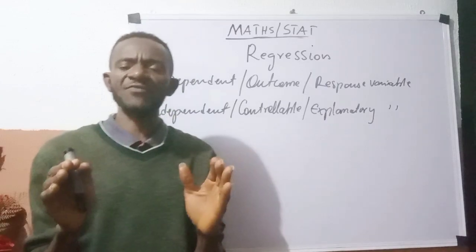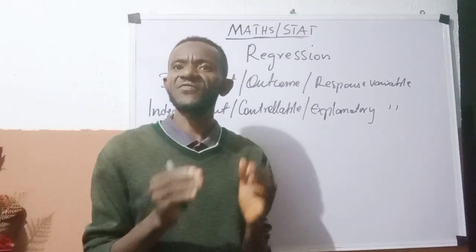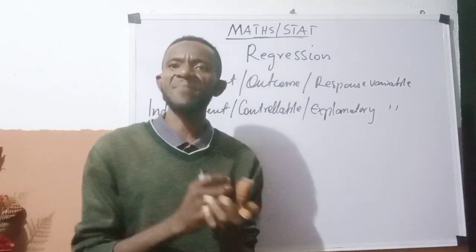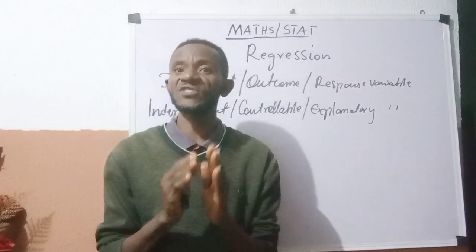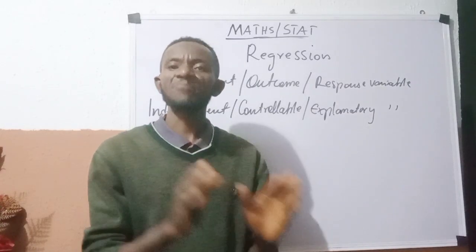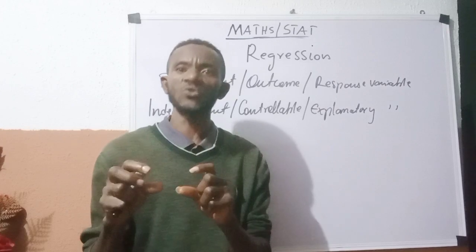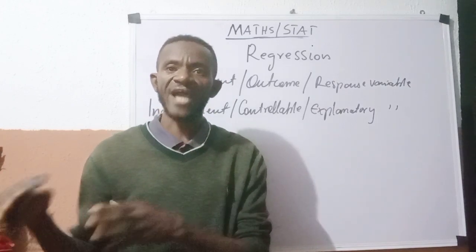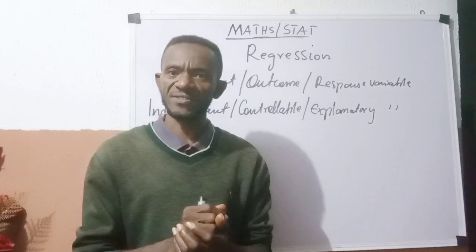Some real life examples of regression could be a situation whereby you want to look at the growth of, say, maize planted in a farm based on the quantity of fertilizer and the volume of rainfall in that particular place.